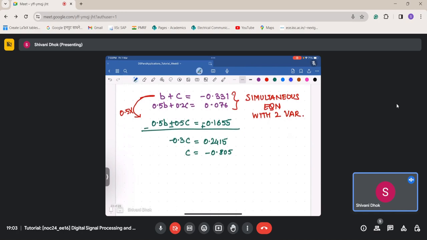Now I know the value of C. I'll substitute it in this equation here, that is B plus C. So B minus 0.805 is equal to minus 0.331, so this B comes out to be 0.474.